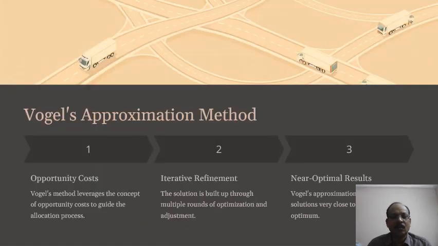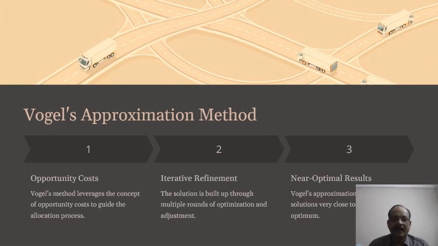And whereas Vogel's approximation method. Among these three methods, Vogel's is the best method. The approach of Vogel's approximation method leverages the concept of opportunity costs to guide the allocation process. Opportunity cost means the difference between the least and the next to the least cost, put against each origin and destination. Among those differences for origins and destinations, you take the largest difference and go for the least cost allocation.